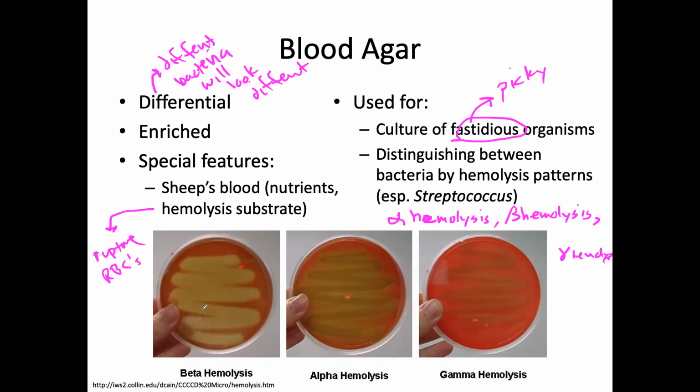So you can see examples here. There's beta, that's usually a pathogen. There's alpha and gamma, and these are usually non-pathogenic.